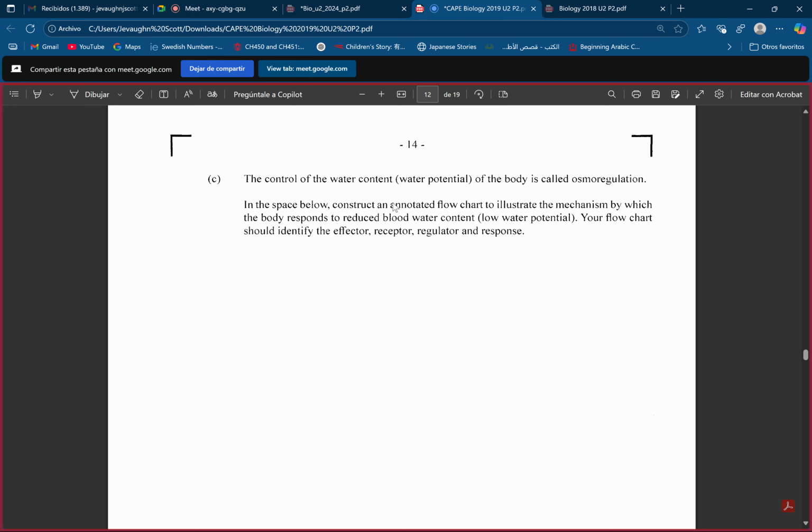In the space below, construct an annotated chart to illustrate the mechanism by which the body responds to reduced blood water content at low water potential. Lovely. Your flow chart should identify the effector, receptor, regulator, and response. So I know that you guys are artists, and we can construct beautiful diagrams.